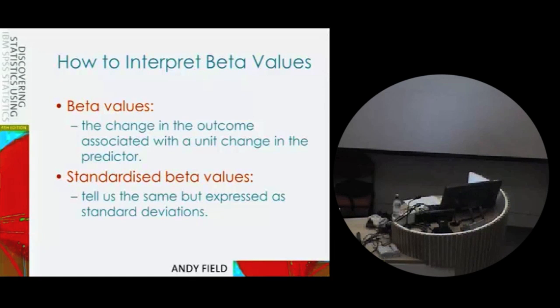So all that means is that we can compare these across different variables. It doesn't matter if one's measured in pounds and one's measured in number of times per week. This standardized beta is the same unit of measurement for both of them. Both are expressed as standard deviations. So standardized betas are quite often more useful because you can compare the strength of relationship across predictors measured in different ways.